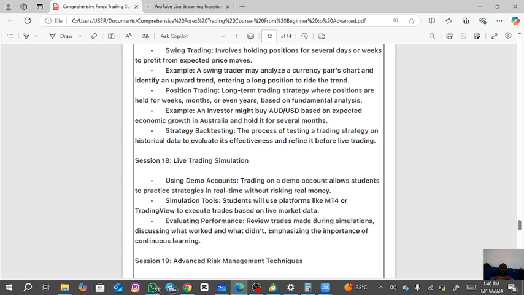If you fund your account, you can use a cent account. That's good for beginners to learn, to help with your psychology and emotions. If you don't have a live account, go on a demo and start testing out your strategy.